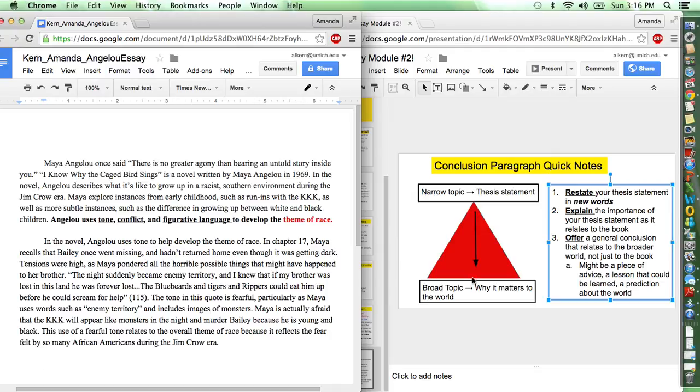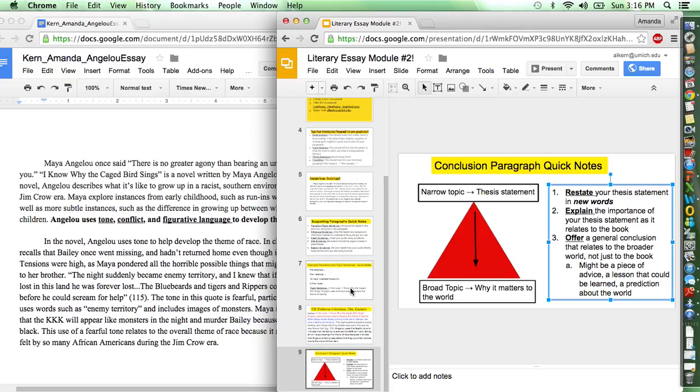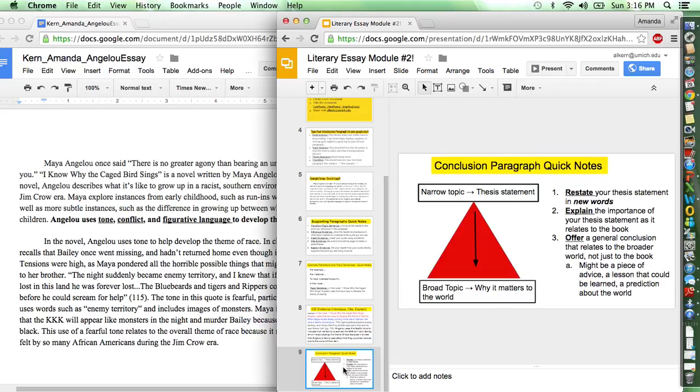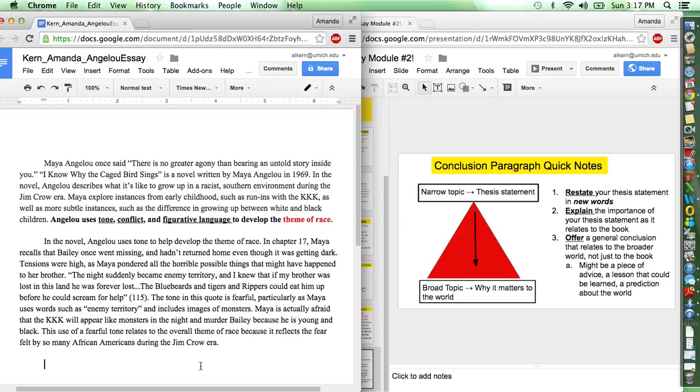So in order to do that, I'm going to go back here to where it talks about transitions and topic sentences, just to have a reminder that my goal with my next sentence is to introduce the reader to the point I'm going to prove in this paragraph. Well, my point, of course, centers around my thesis statement and what it actually means. So I might want to include some form of my thesis statement in my first sentence.